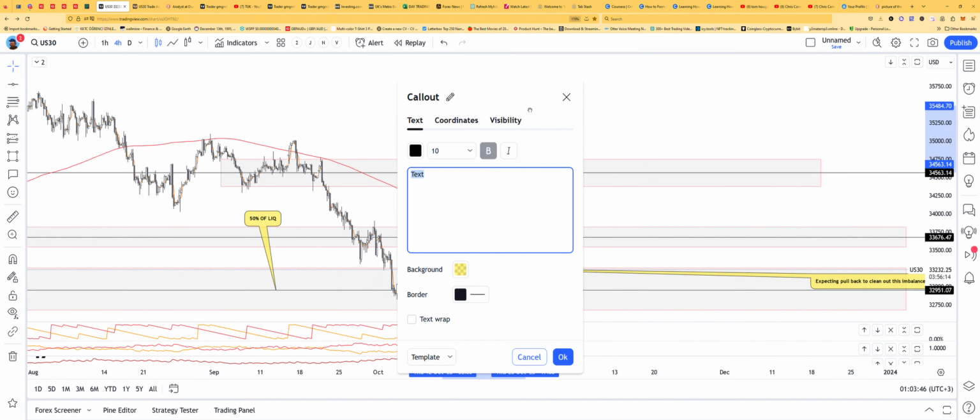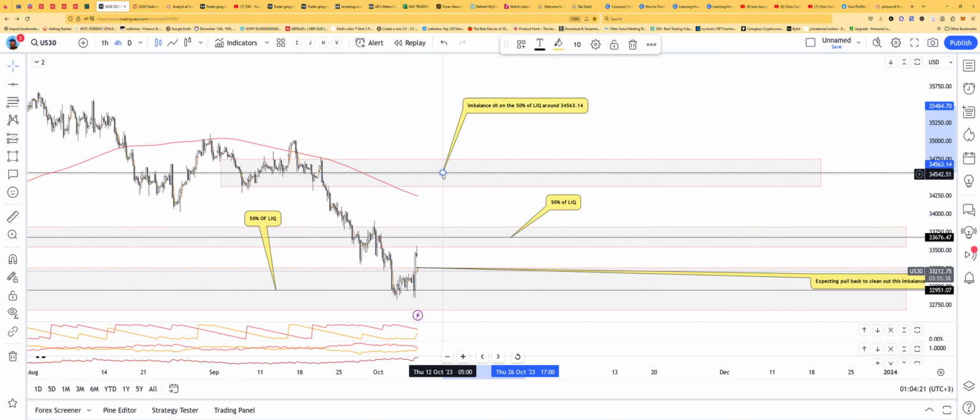So you can see this imbalance sits on the 50% of this liquidity area right here. So this is a potential imbalance that sits on 50% of liquidity around 2, 4, 5, 6, 3.42.